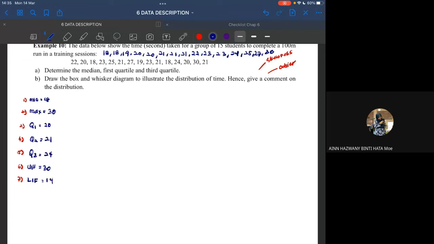Okay. Jangan letak dalam assignment kamu macam ni pula. Okay. Kena ada jalan kerja lah. So now we have all 7 values that we want to plot. So the lowest one is 14. The highest one is 30. Okay. So kita nak guna berapa? Say kita start dengan 14.